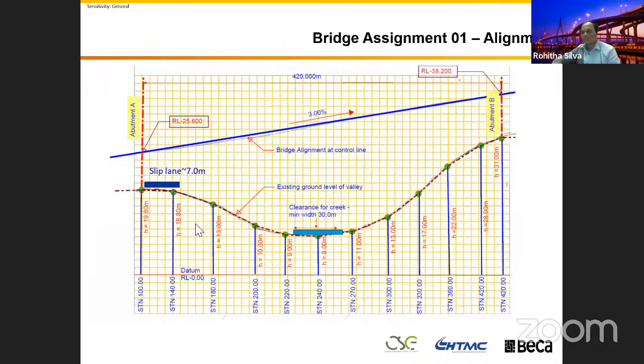When you're designing your bridge, you need to keep that in mind. Nothing can be done within the creek, but in this area you need to make provision to build another road in front of here. You need to assume there is a road always going in front of this abutment when you are designing it.